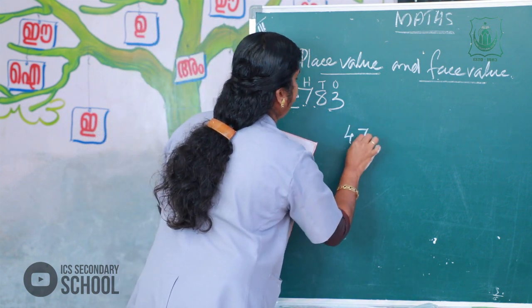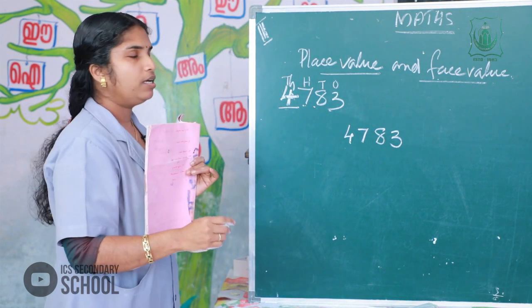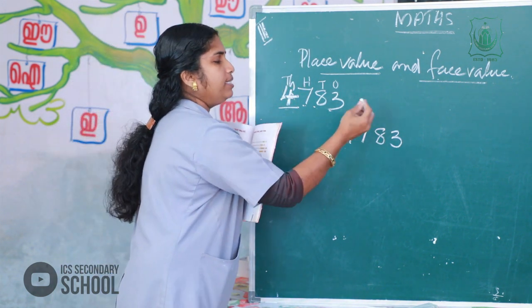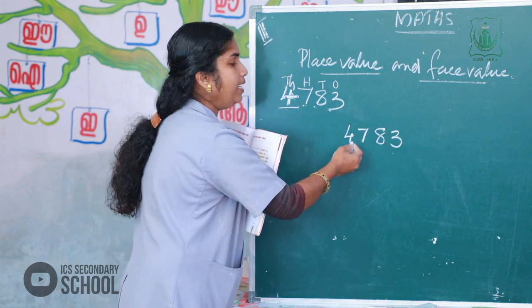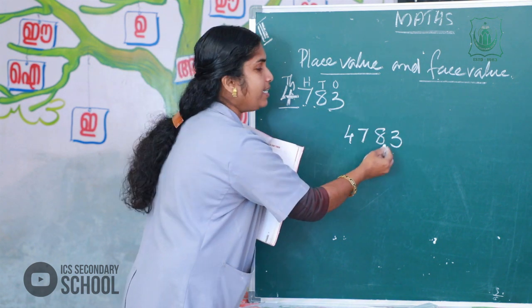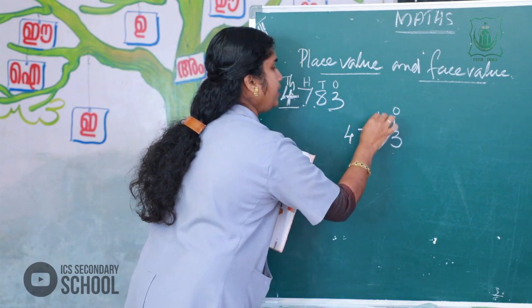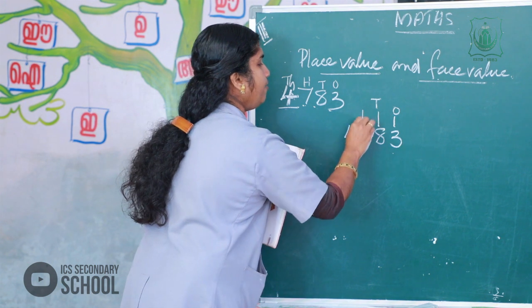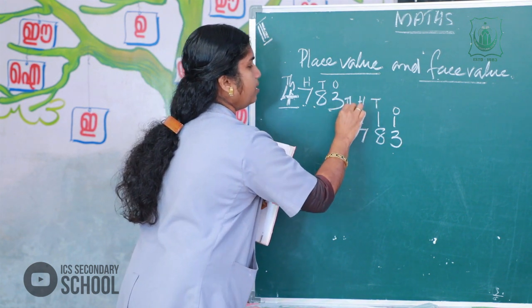4, 7, 8, 3. How to read it? 4783. 3 in 1 place, 8 in 10 place, 7 in 100 place, 4 in 1000 place.